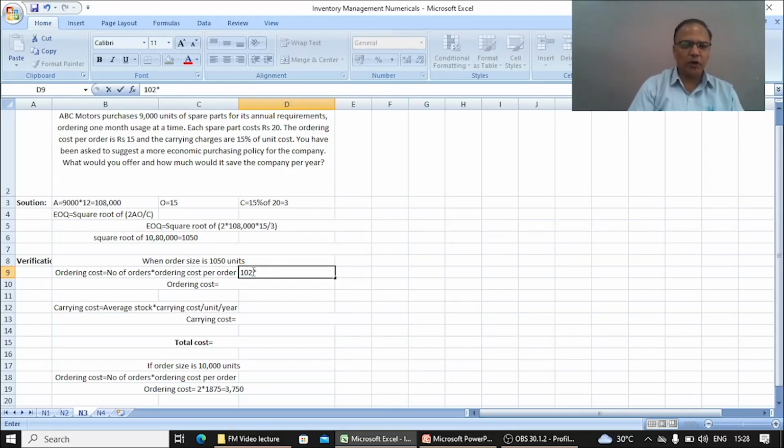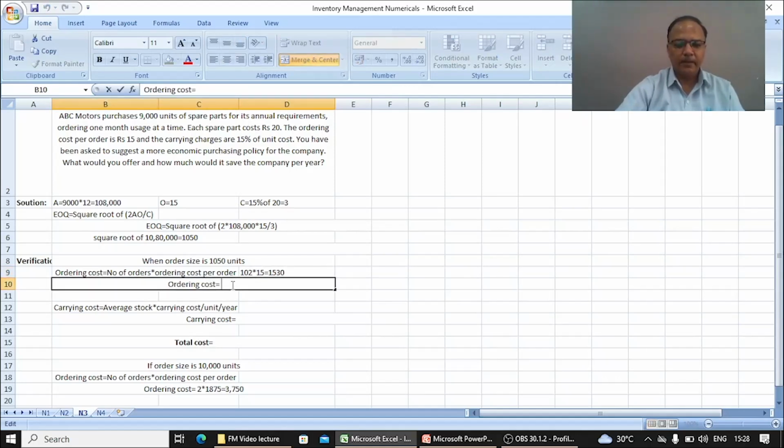Into ordering cost per order, which is 15. It is 1530.